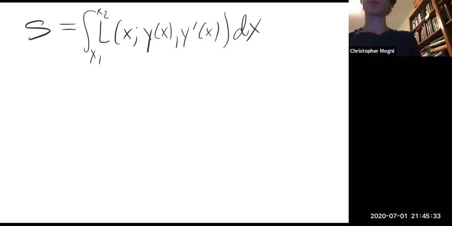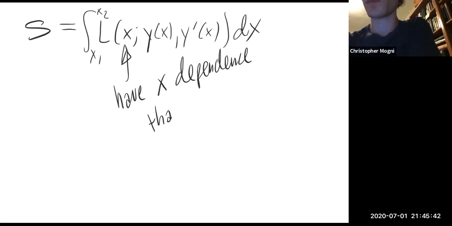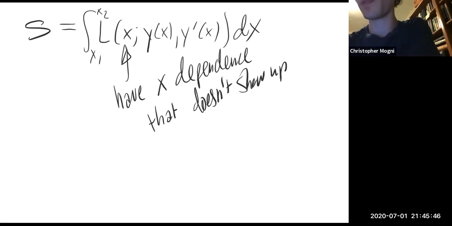So one thing I want to point out is that this can have x dependence that doesn't show up in y of x or y prime of x.